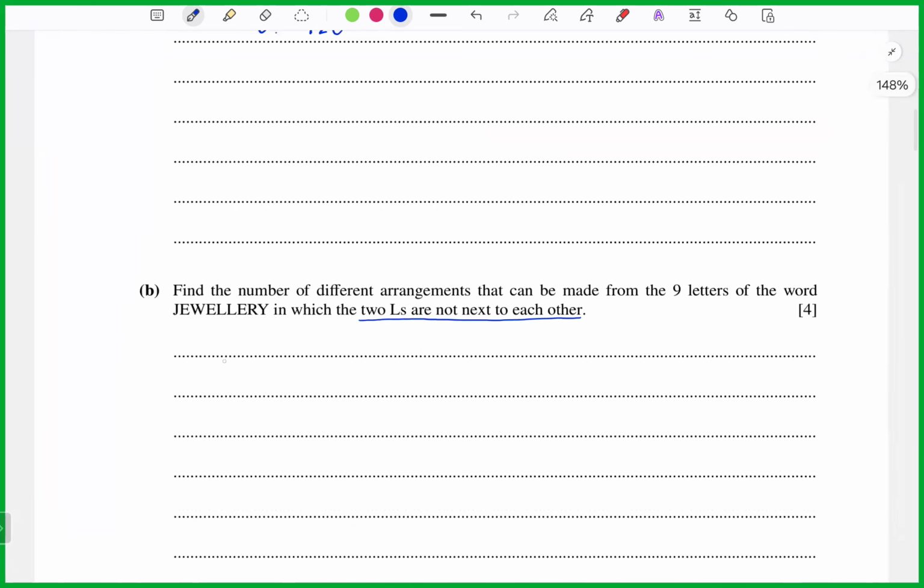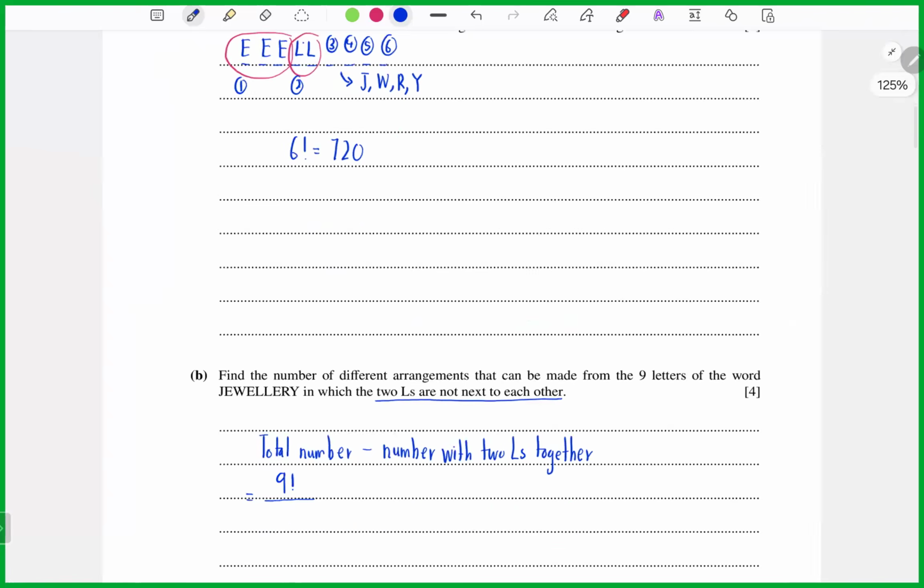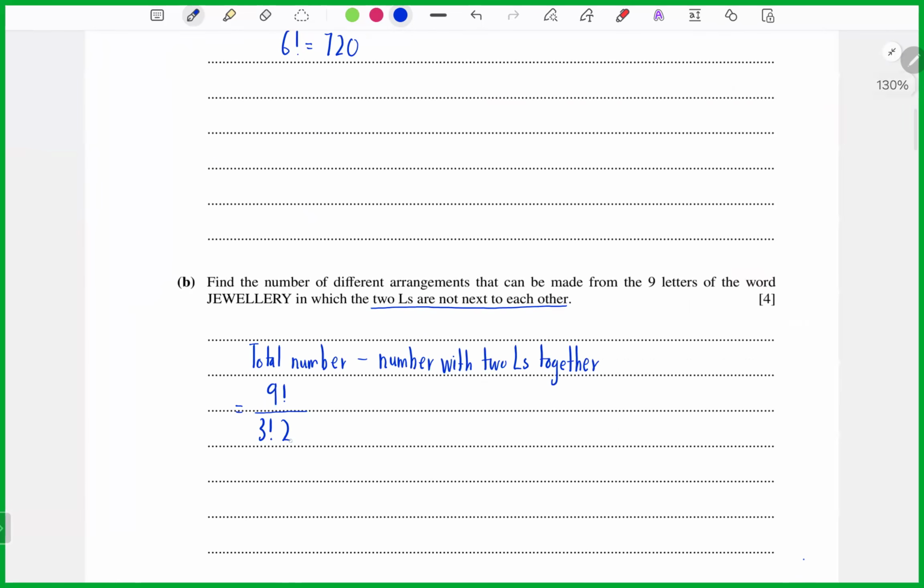So we can try to find the total number minus the number with the 2 L's together. All right, so you can take 9 factorial divided by 3 factorial and 2 factorial.